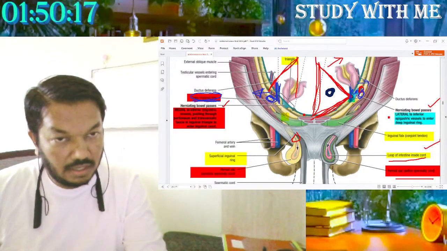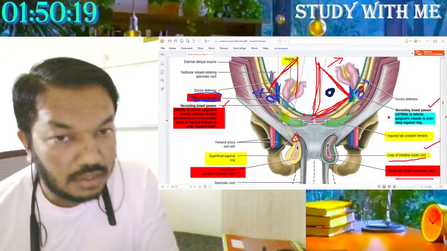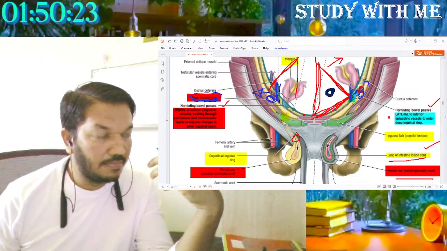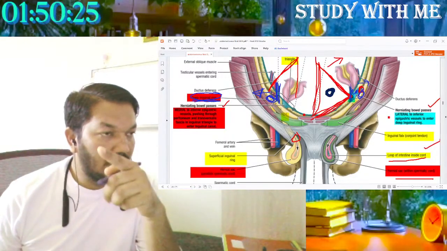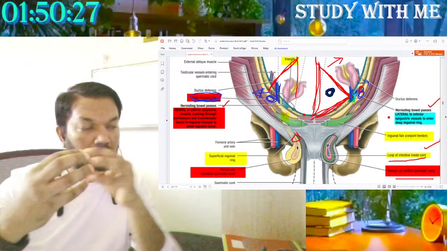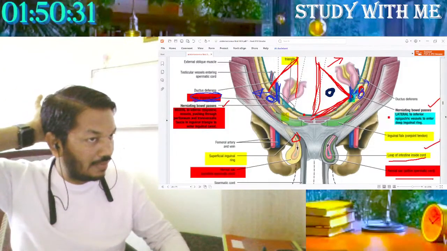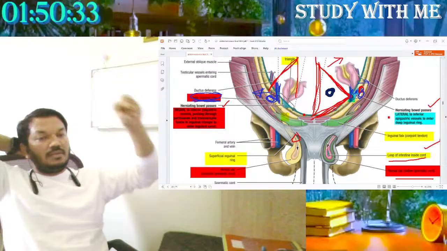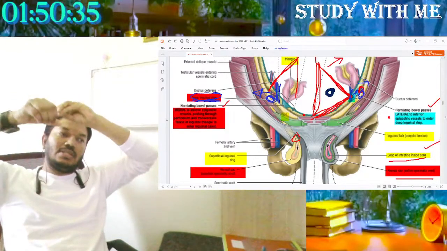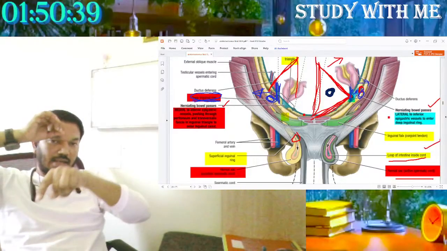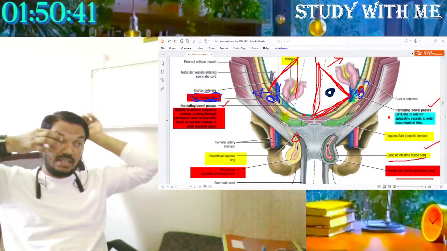Indirect inguinal hernia, how does it occur? We have studied deep ring and superficial ring, which ultimately form a canal, inguinal canal or inguinal tunnel. So hernia entering into the deep ring, then coming through the tunnel and coming out through the superficial ring.